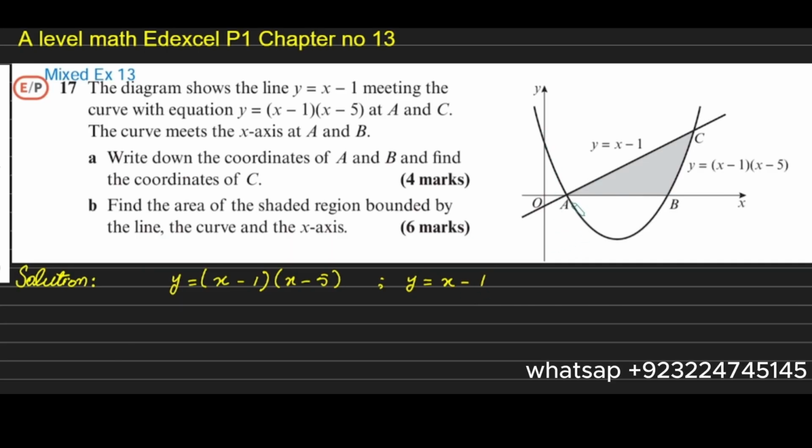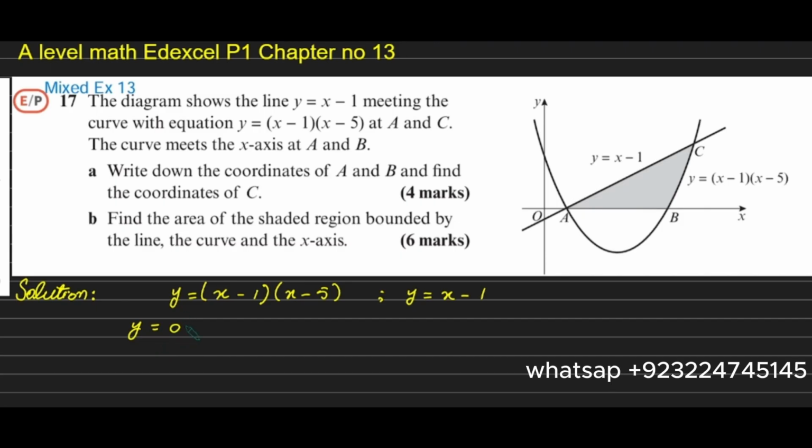As the curve cuts the x-axis at the points A and B, and on the x-axis the value of y is 0, so we put y equal to 0 in the curve to find the points A and B. We get x minus 1 into x minus 5, that is x minus 1 equal to 0, also x minus 5 equal to 0. From here, we find the value of x.